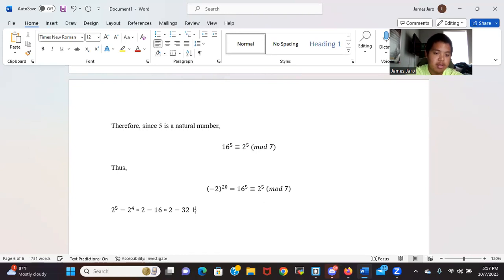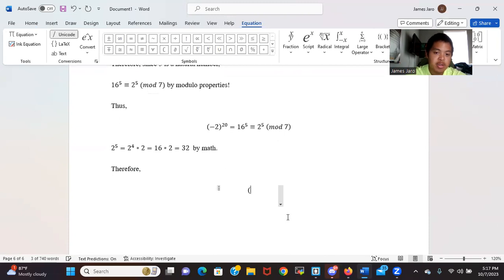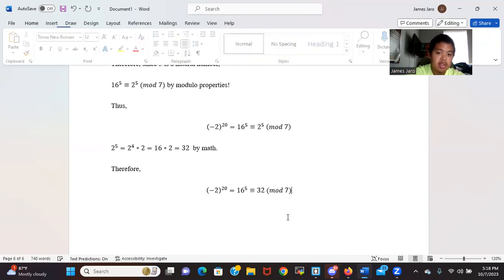This is by modular properties here. And so now, therefore, we can say that negative 2 to the 20th, which was really 16 to the 5th, is mathematically speaking the same thing as 32 mod 7.